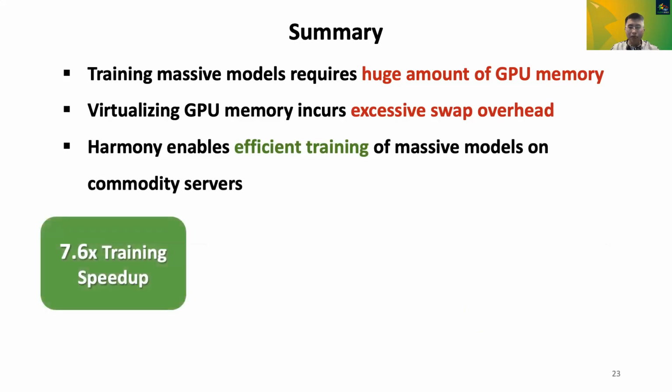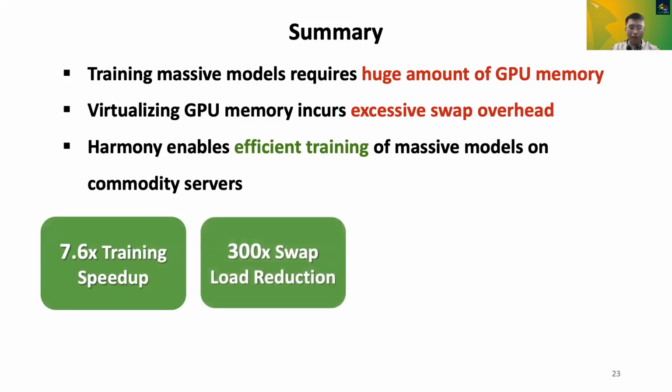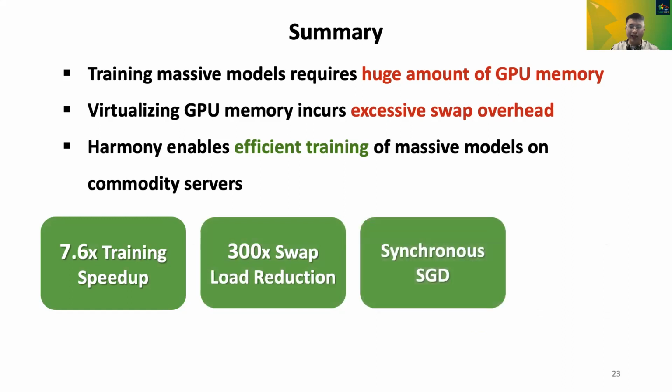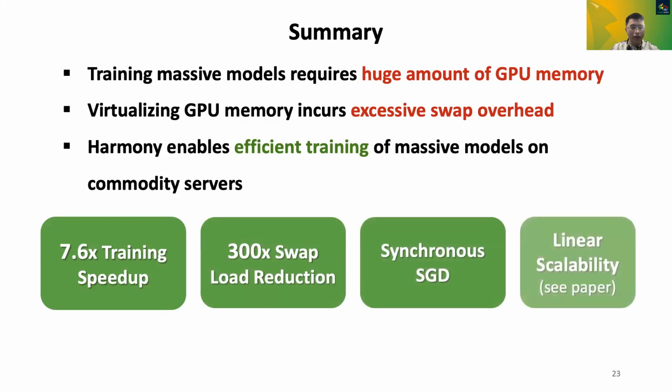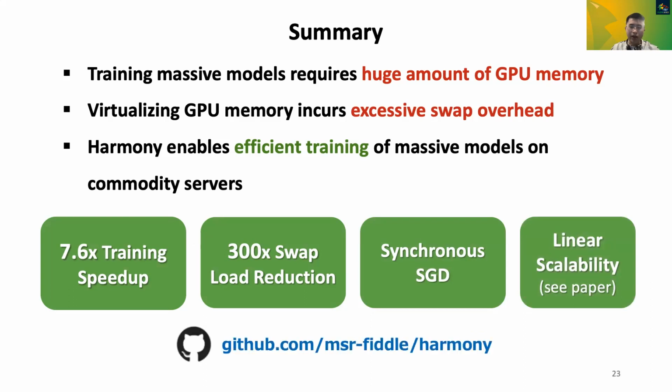Harmony speeds up training by 7.6x, reduces swap load by 300x, provides synchronized SGD semantics, and scales linearly. Harmony is now open source. We advocate rethinking how ML frameworks should schedule compute and move data for training massive models on commodity servers for the masses.